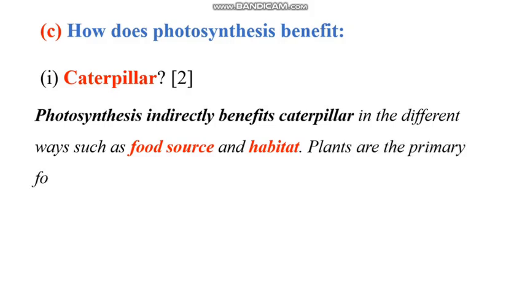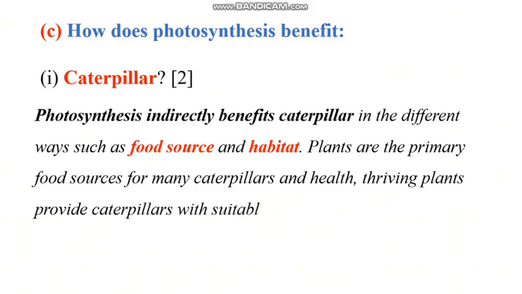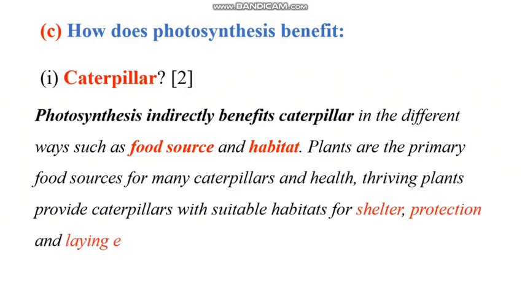Plants are the primary food sources for many caterpillars, and healthy thriving plants provide caterpillars with shelter, protection, and laying eggs. So that is how photosynthesis can benefit a caterpillar. You'll be able to score your 2 marks here.